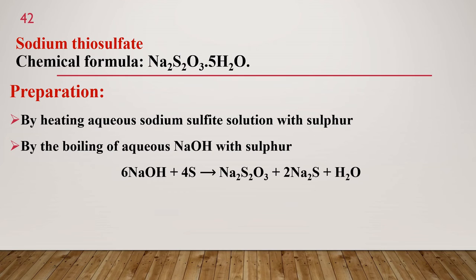The production of sodium thiosulfate can be further accomplished by boiling aqueous NaOH, or sodium hydroxide, with sulfur. This reaction involves treatment of 6 molecules of sodium hydroxide with 4 molecules of sulfur to form sodium thiosulfate, sodium sulfide, and water.